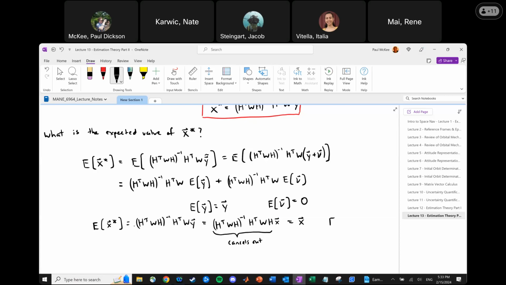So let me just kind of rewrite this over here. The expected value of X star is X. As a reminder, X is the true state. So on average, our best guess equals the true state.